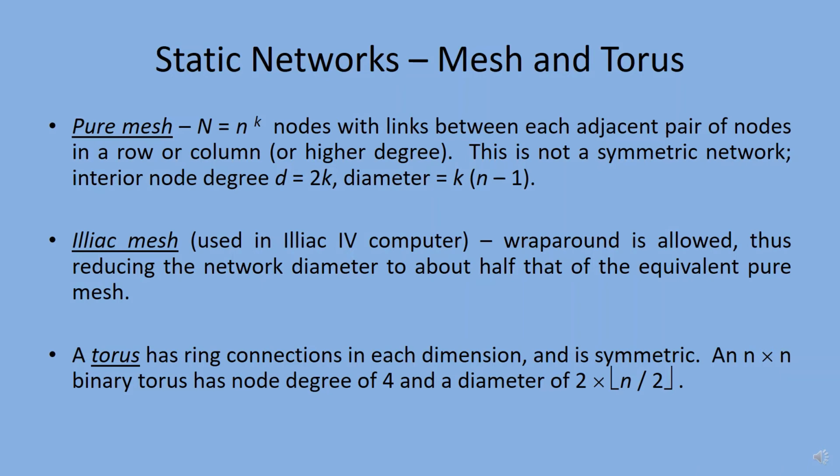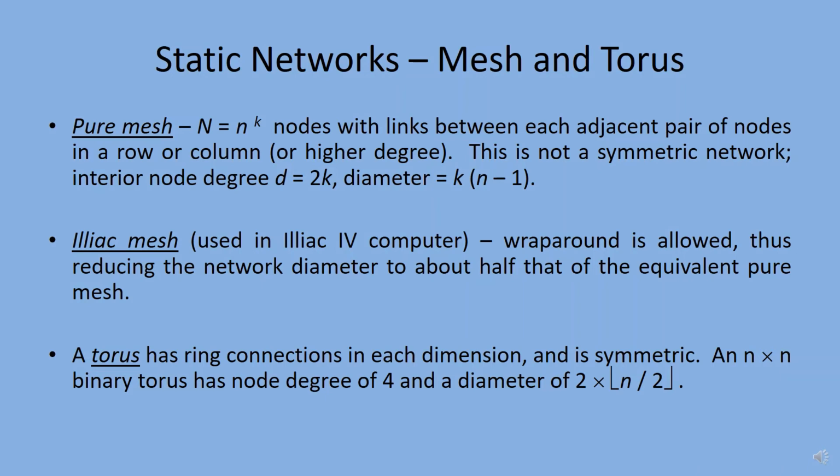The torus can be viewed as another variant of mesh with an even shorter diameter. This topology combines ring and mesh and extends to higher dimensions. The torus has ring connections across each row and along each column of the array.